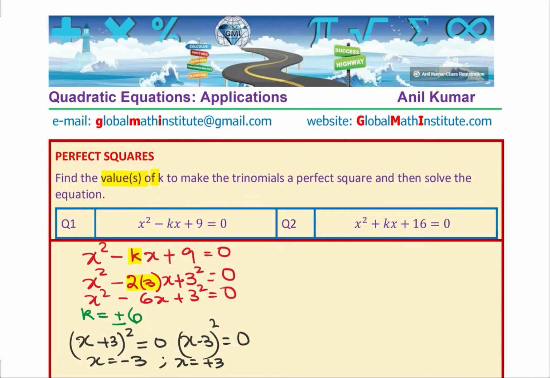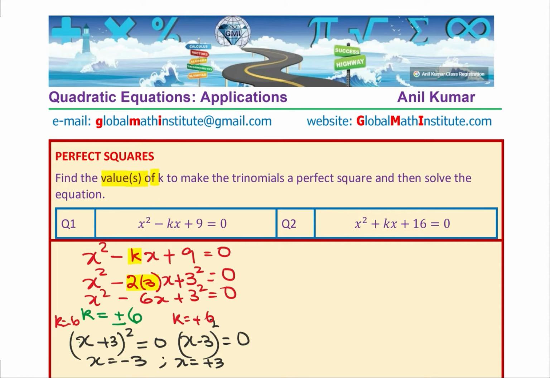So if you take minus k, you'll get this equation, correct? So let me rewrite. So if I take k equals to minus 6, I get plus here, right? Because that becomes plus. But if I take k equals to plus 6, then I get minus. Does it make sense to you?